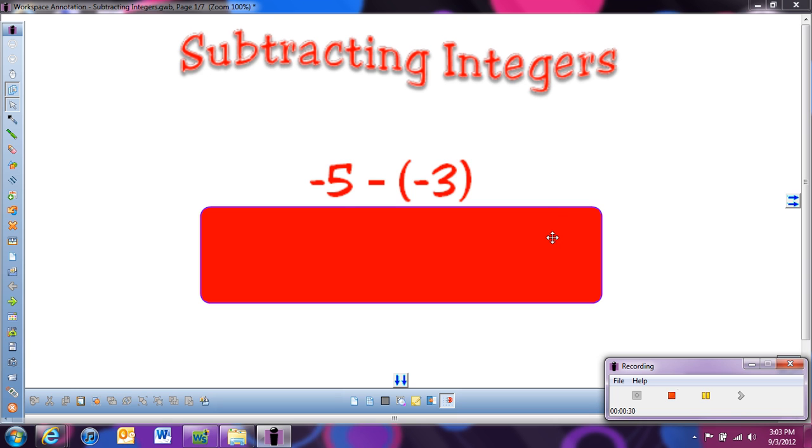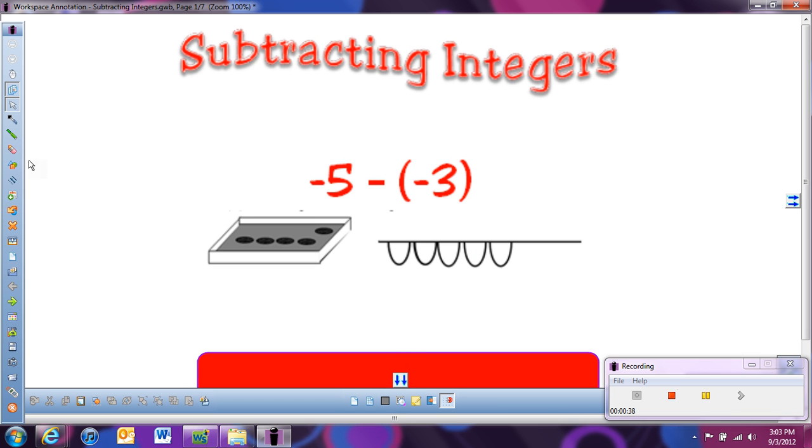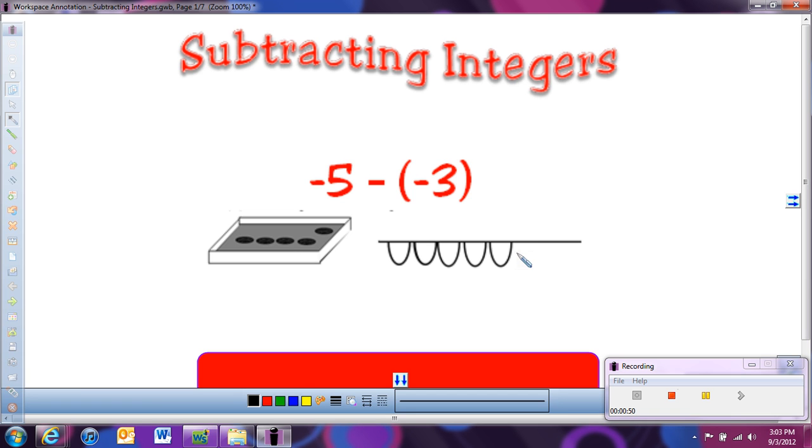So this first problem that we're going to look at is -5 minus -3. If I'm using that idea of heaps and wholes, this problem says start with -5, or start with 5 wholes. We can look at it with our sand here, or we can look at it with our line, whichever way you like better.